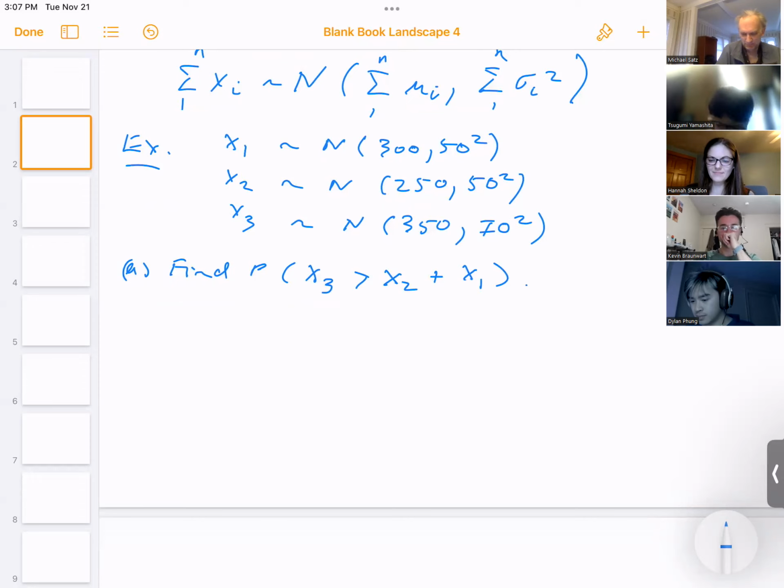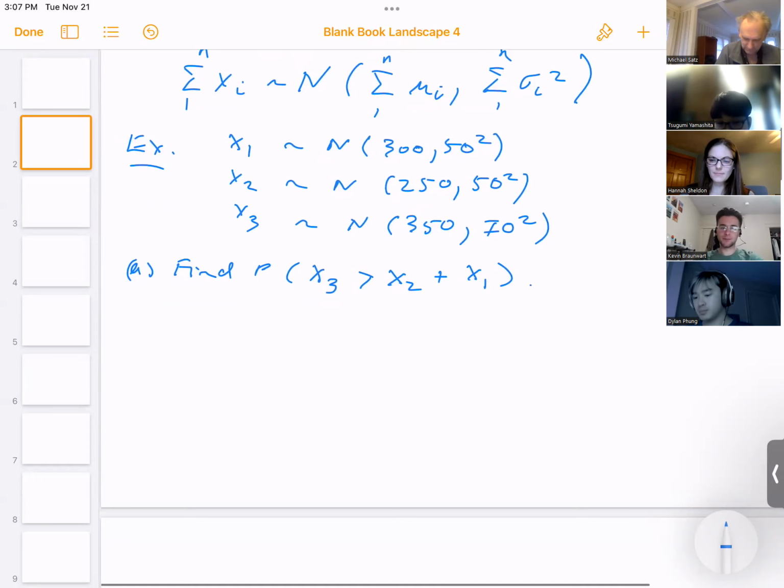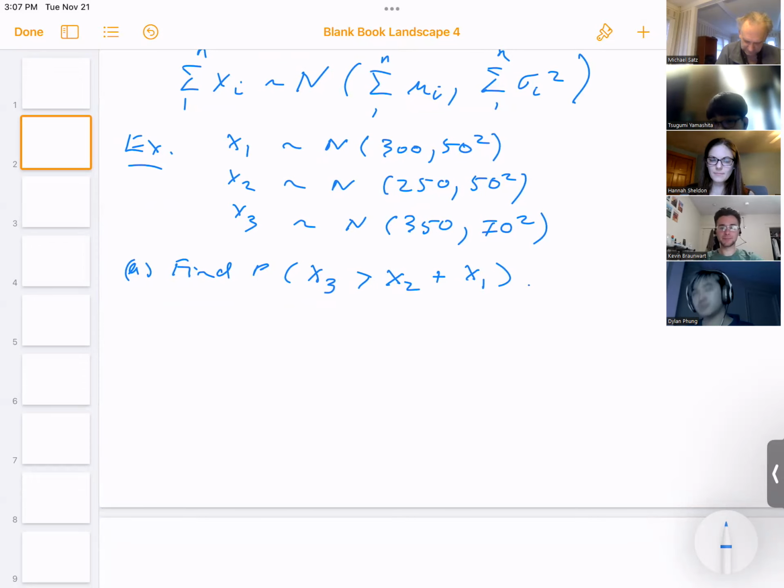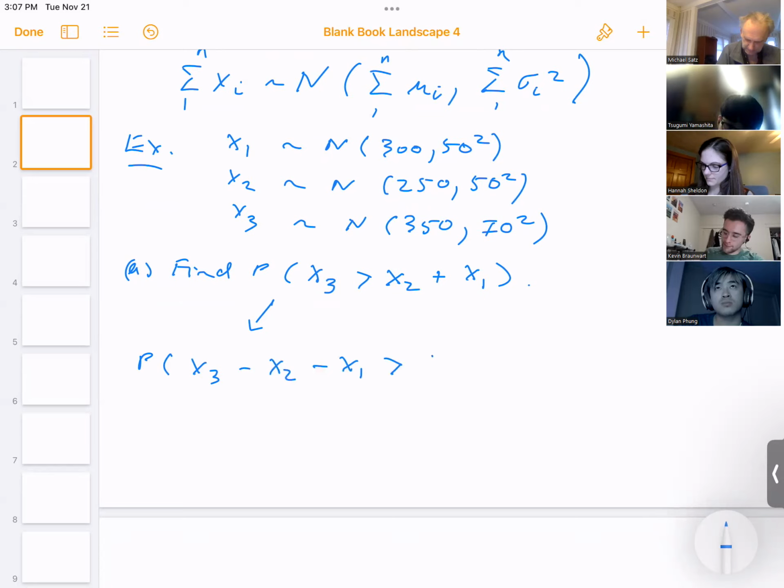Okay, so this is equal to the probability that X3 minus X2 minus X1 is greater than 0.